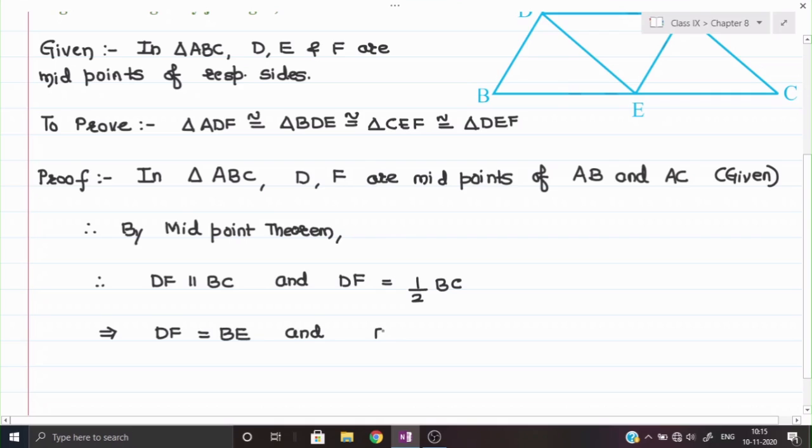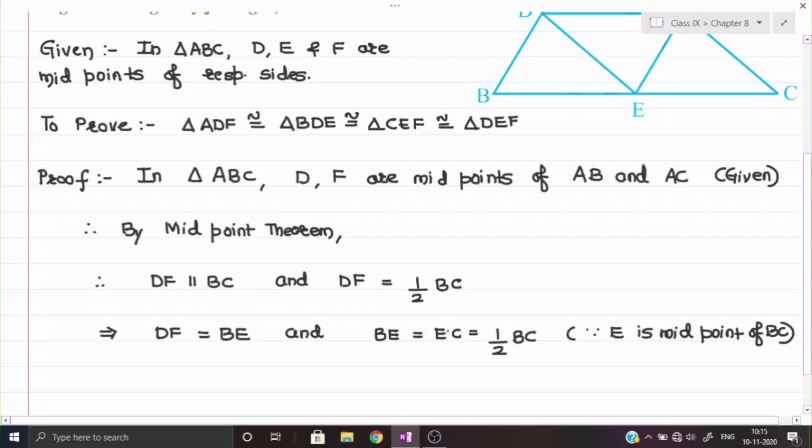So we have BE is equal to EC is equal to half of BC. We already have that. How can we say? Because it is given that E is the midpoint of BC. So that is the second equation I have written here, because E is a midpoint.